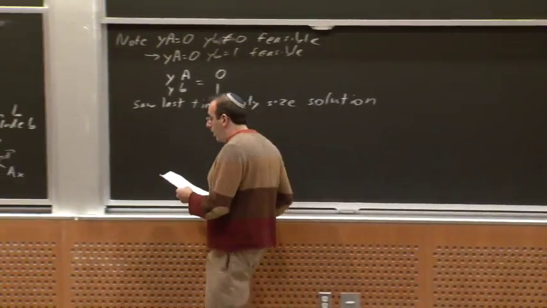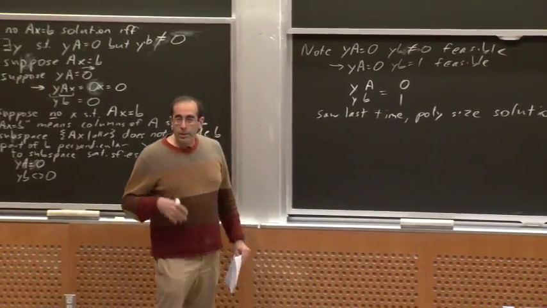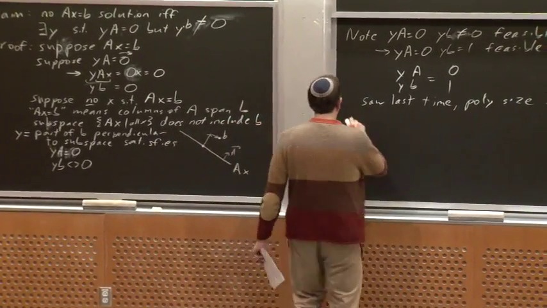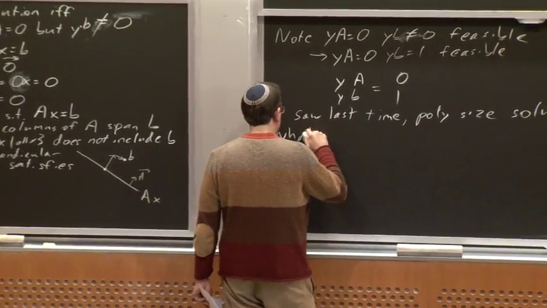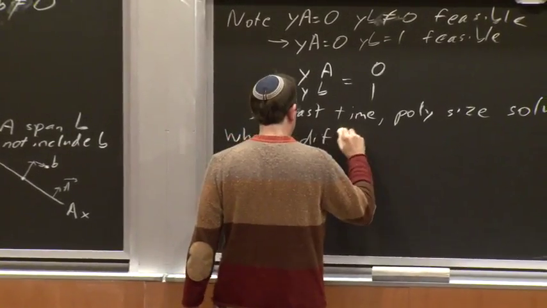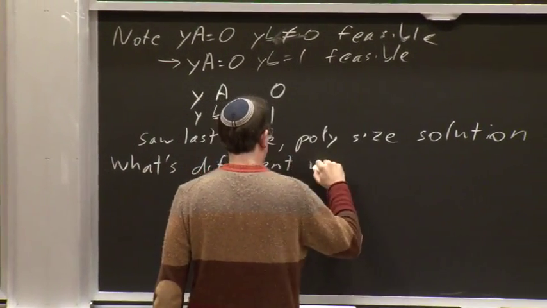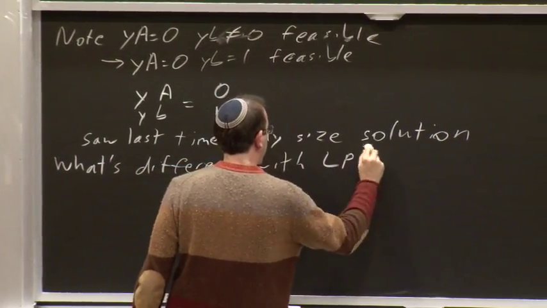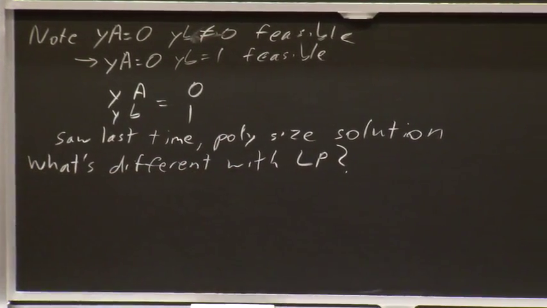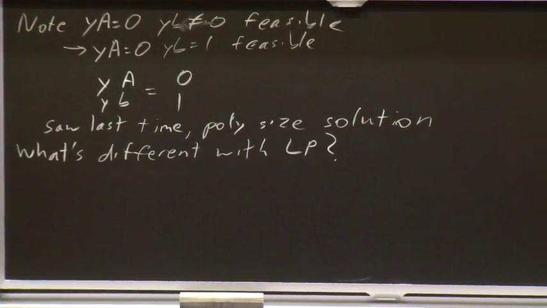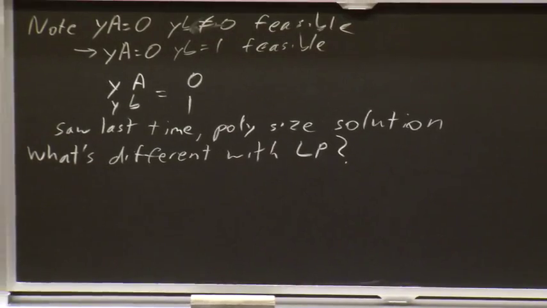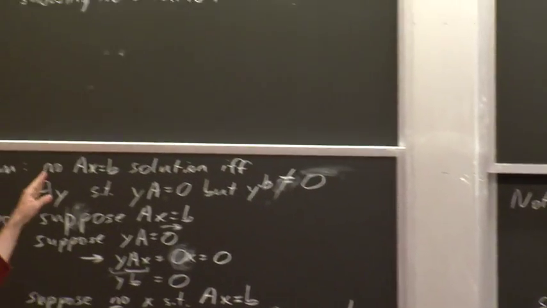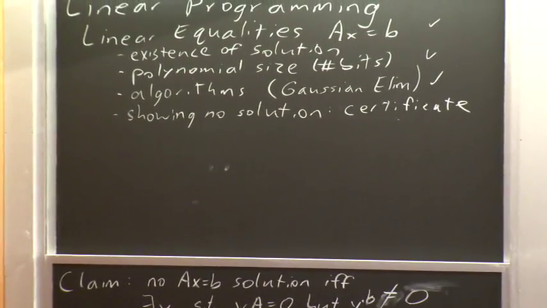Okay, so we're going to move on and start thinking about LP. So what's different with LP? Well, all we'd have to do is replace that equality with an inequality, right?